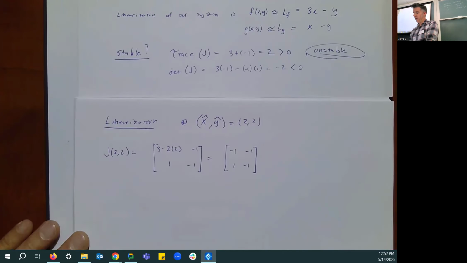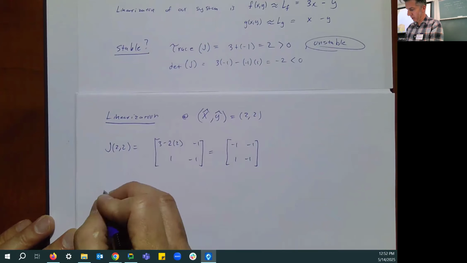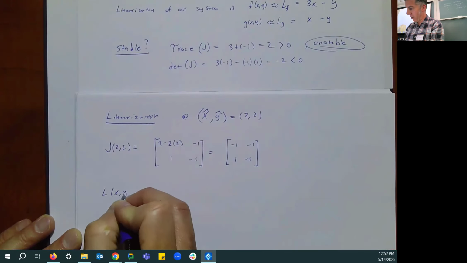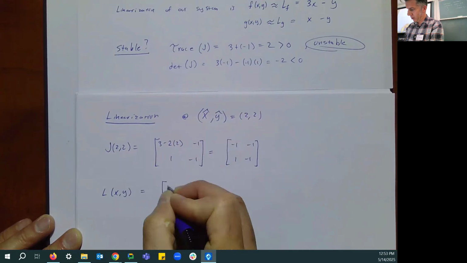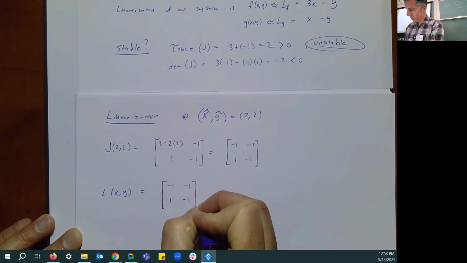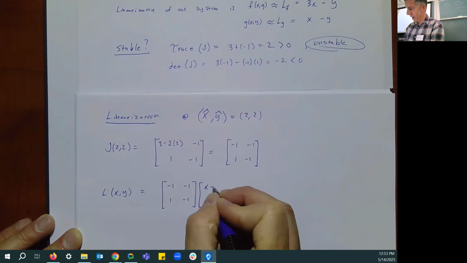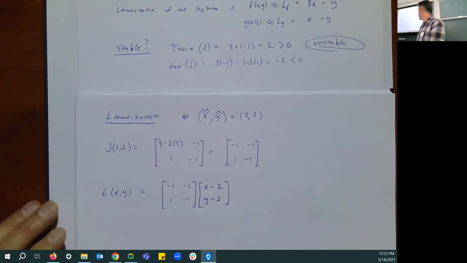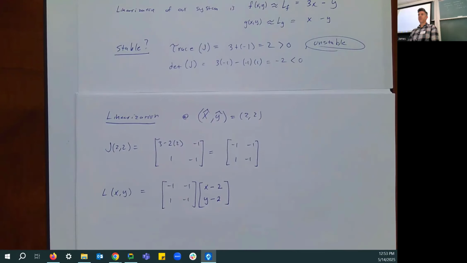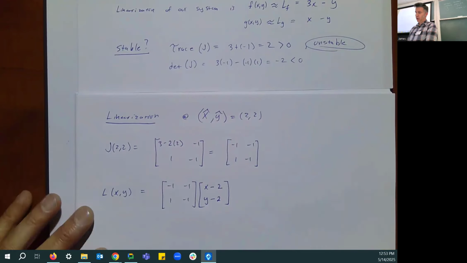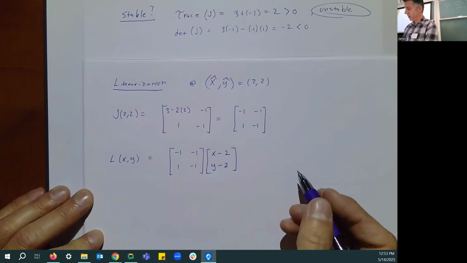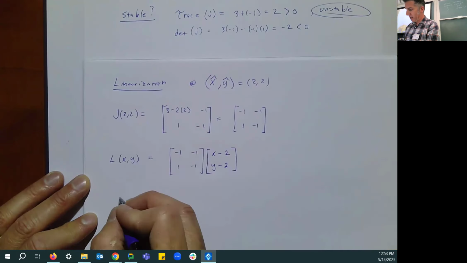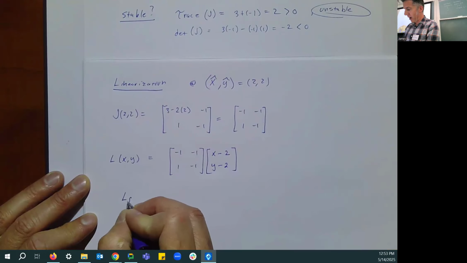And although, again, I don't feel like it's super important to write out, the linearization is going to be that matrix, our Jacobian, multiplied by (x minus the x equilibrium, y minus the y equilibrium). Kind of interestingly, if we actually write out these equations, yeah, we've got time.